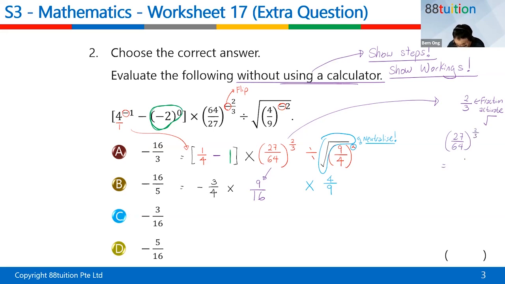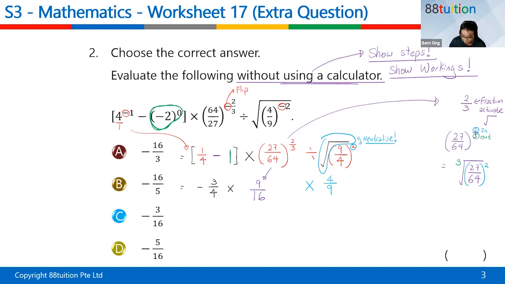This actually means square root of 27 over 64. But the 2 is inside. Inside here. And the 3 is actually outside. Outside means cube root here. Can you see now? This is one of the rules. They call it the fractional rule, I think.